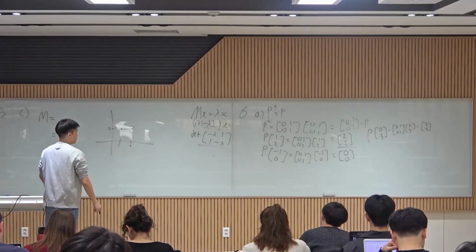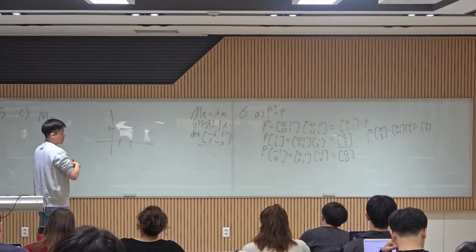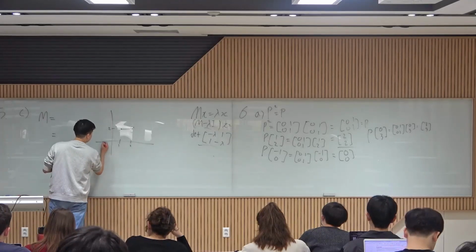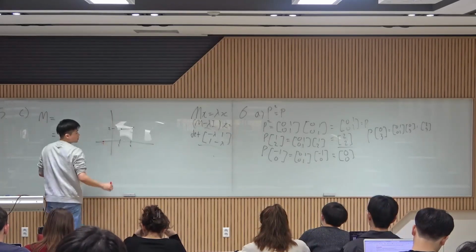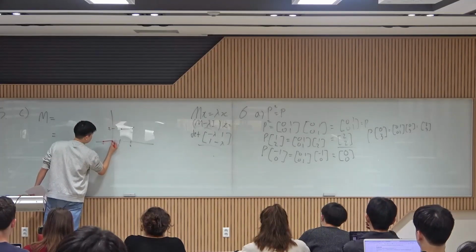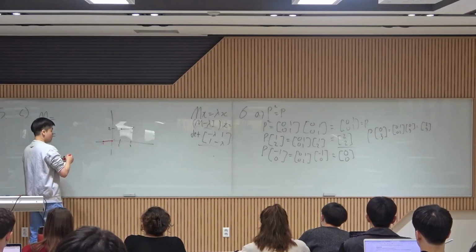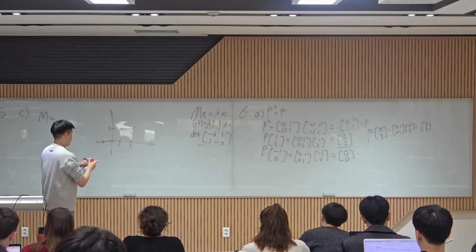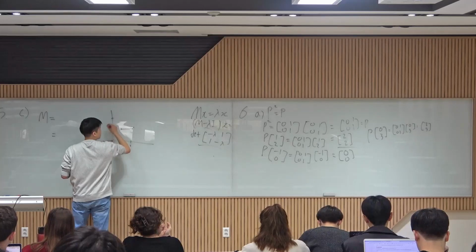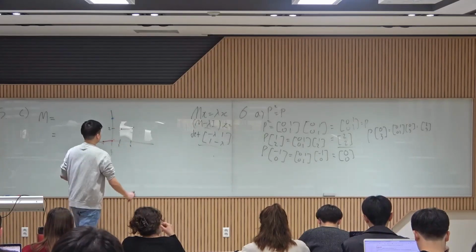And the original point was (1, 0), like here maybe, okay? And this point goes into (0, 0), so like this point. And last, (0, 3) here goes into (3, 3).